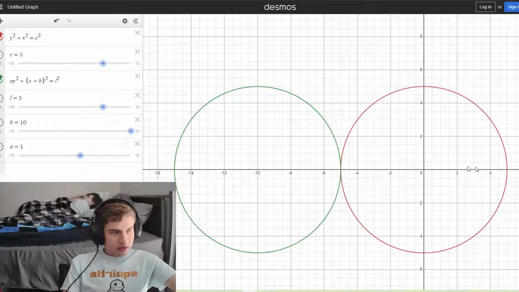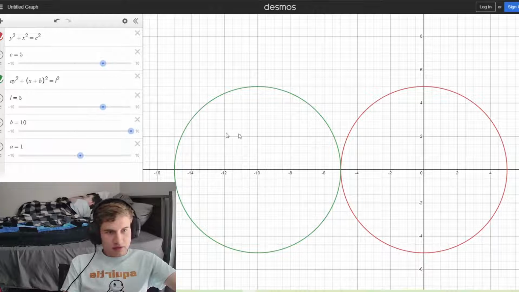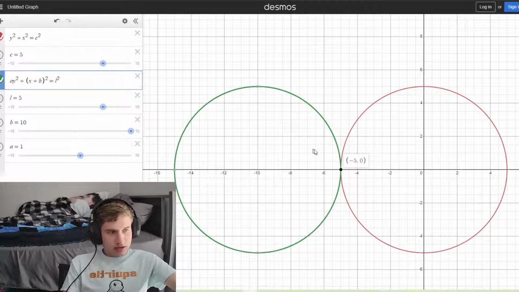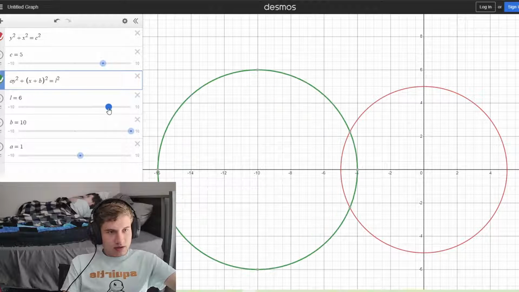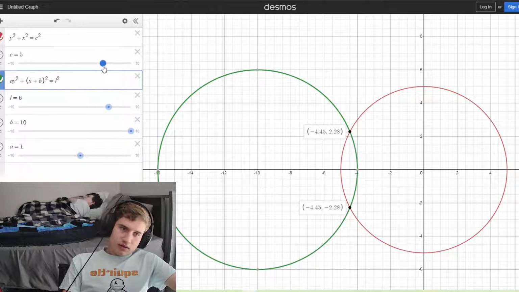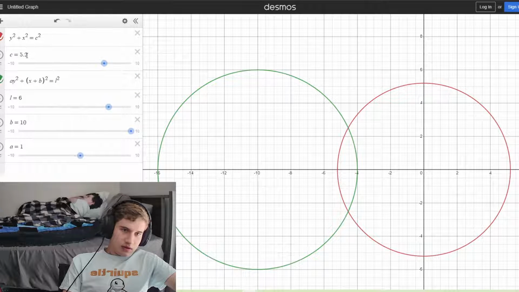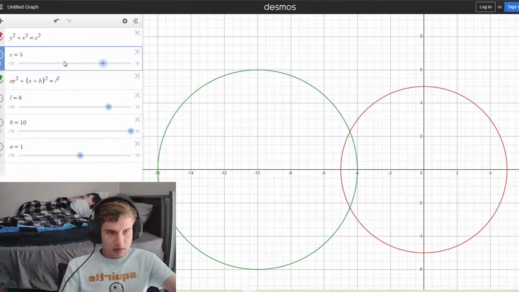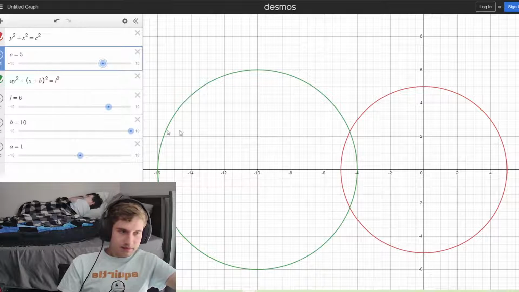So these are both radius of 5, distance 10 apart. And then there's only 1 point of intersection. So if you increase this radius by 1, see now they intersect. And the intersection point, oh, it's supposed to be 5, yeah.